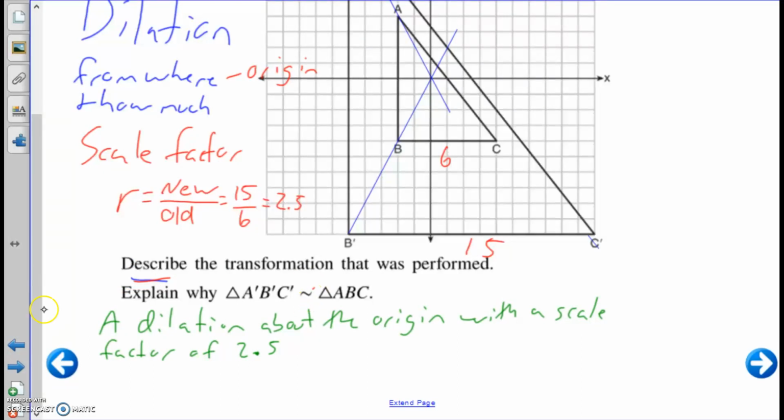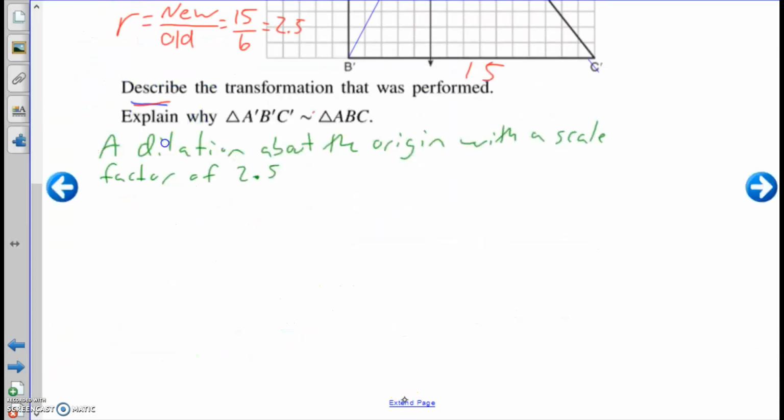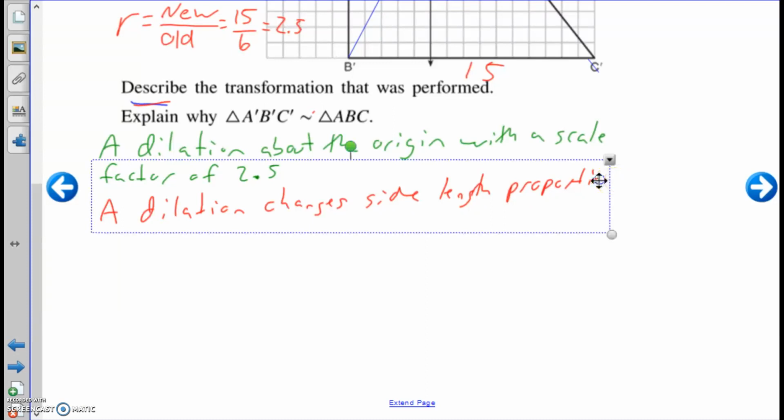Now explain why they are similar. Well, basically explain what a dilation does. A dilation changes side lengths proportionately but preserves angle measure.